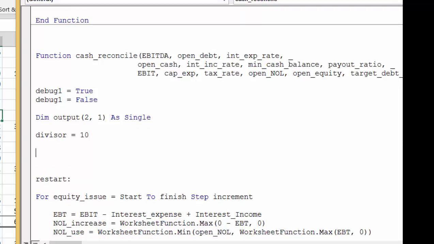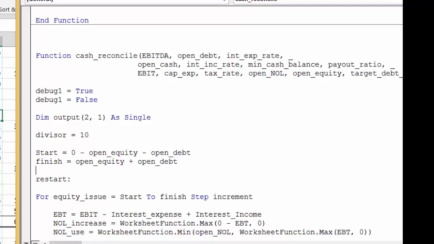Now I'll put start equals 0 minus open equity minus open debt, and finish equal open equity plus open debt.